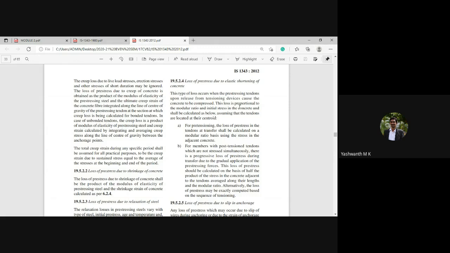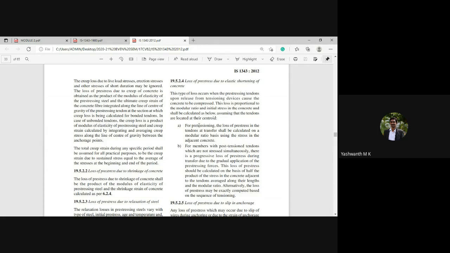I think you know the formula: loss of pre-stress due to elastic shortening equals modular ratio alpha E multiplied by fc, that is the compressive stress in the concrete at the level of steel. Instead of giving the formula, they have written it in text form, so you need to know these things. By reading this text, you can at least know what formula you need to use.